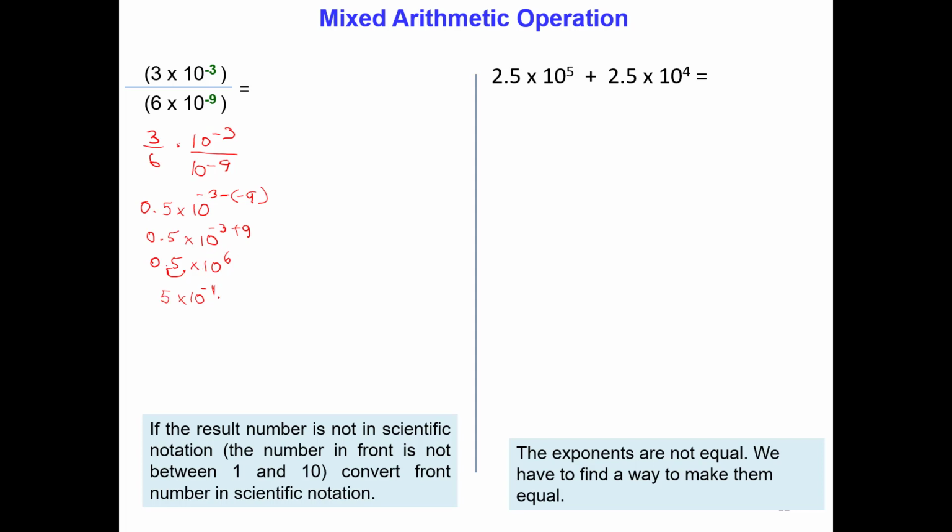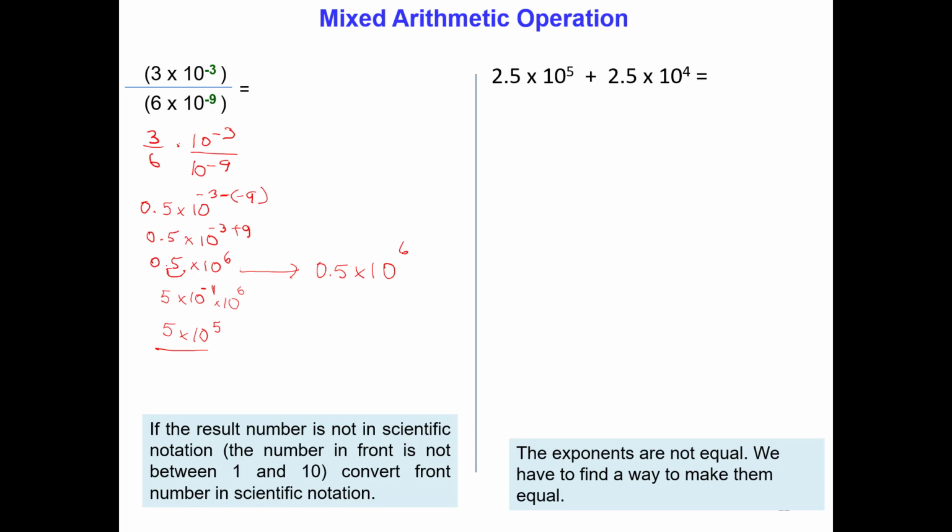And then we had the other part of the problem, 10 to the power 6. Then here we had 5 times 10 to the power minus 1 plus 6, which is positive 5. And this is the answer. The other way we can solve the same thing is from this point, where you had 0.5 times 10 to the power 6.